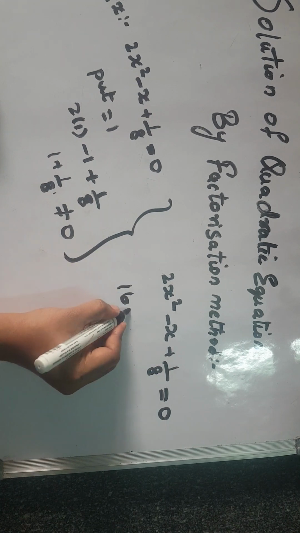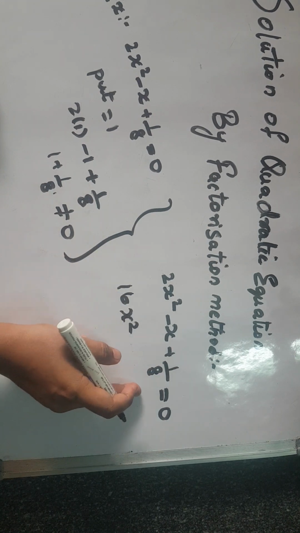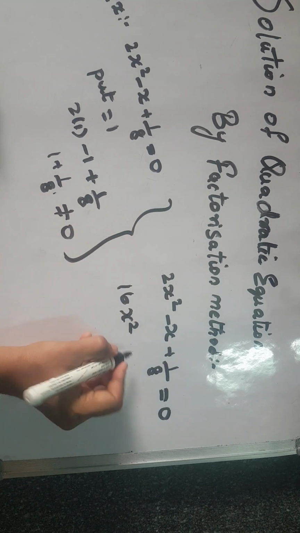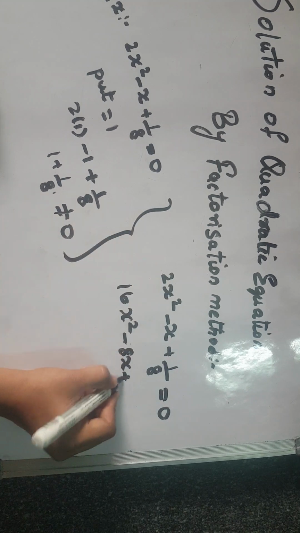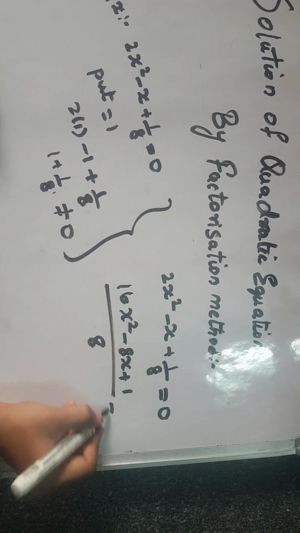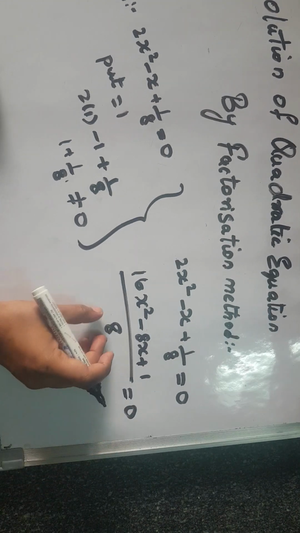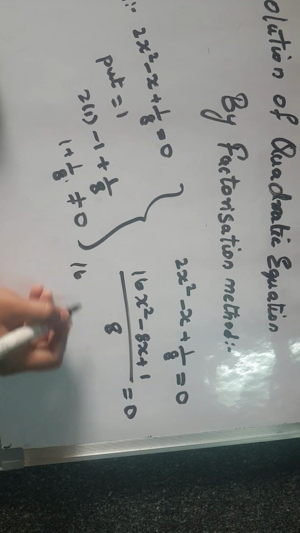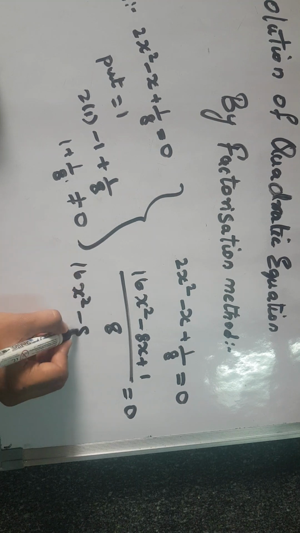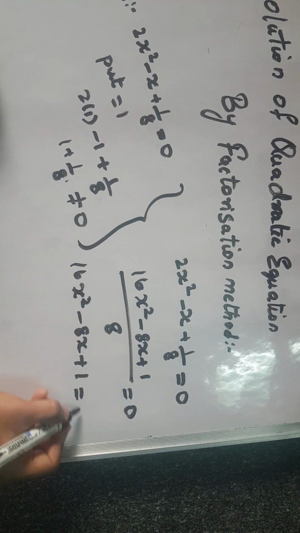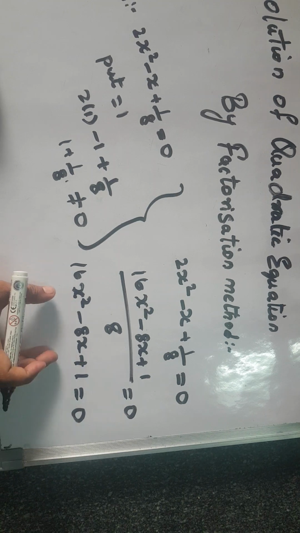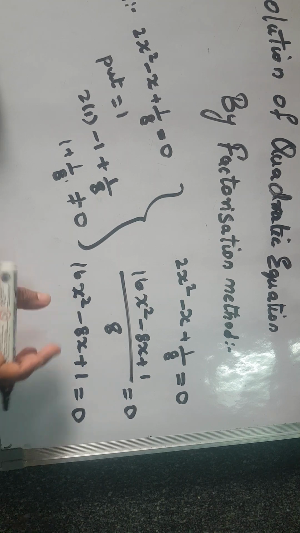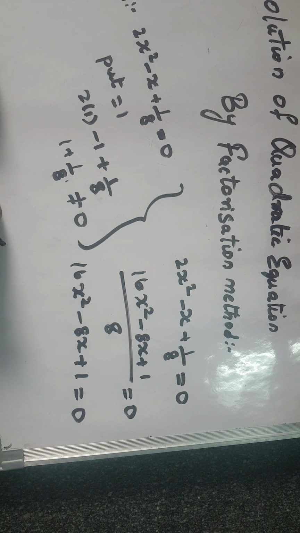Multiplying by 8, we get 16x square minus 8x plus 1 equals to 0. Making these values into the quadratic form, we can solve the equations using this method.